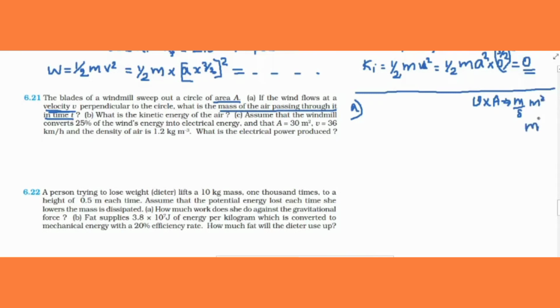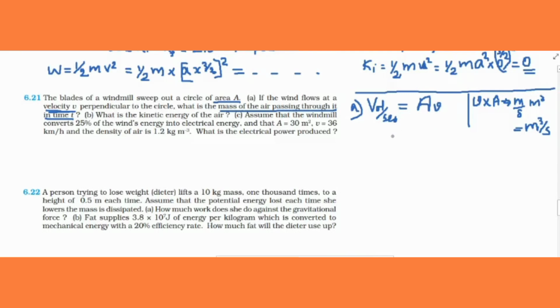That means you will get meter cube per second. So meter cube per second means it is volume per second. Therefore, by multiplying velocity and area, you will get volume per second, which is equal to area into velocity.